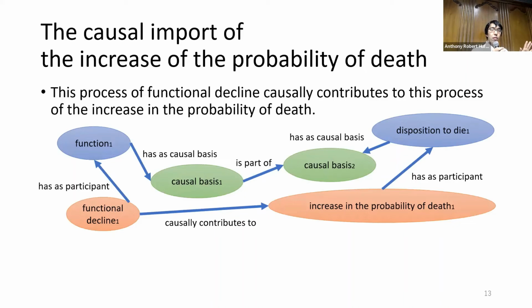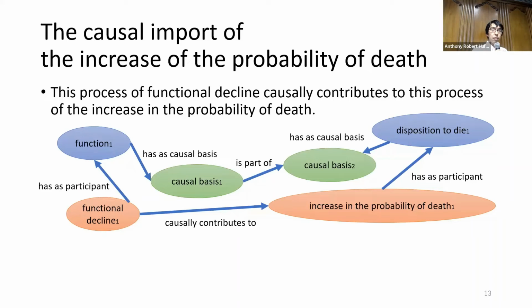On the one hand, this function decline involves some function, and because this function is dispositional, it has some causal basis, let's say causal basis 1. On the other hand, this process of increasing the probability of death involves some disposition to die, and this disposition to die has some causal basis, let's say causal basis 2.